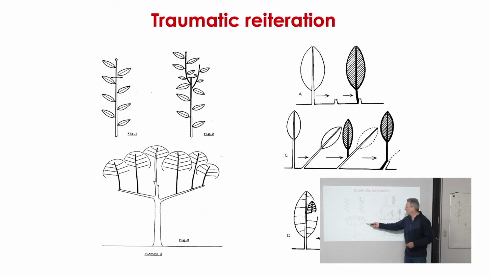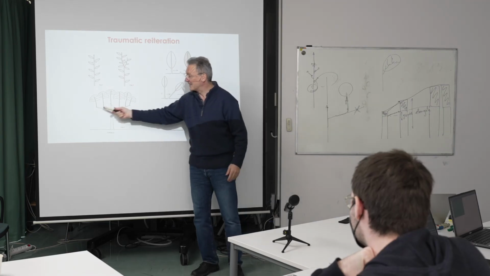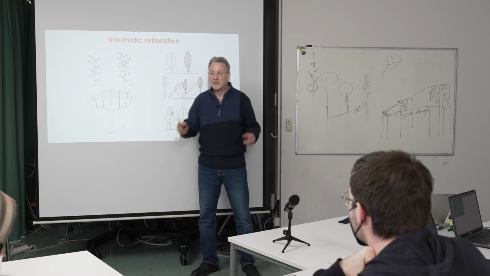It can be due to an accident here, where these branches have been cut, and then the trees start to reiterate. This can be also in old trees. In old trees, the crown of the tree starts to decrease in vigor, lose the leaves, and then the crown starts to decrease downwards on the tree, making this type of structures, where you have very small trees.